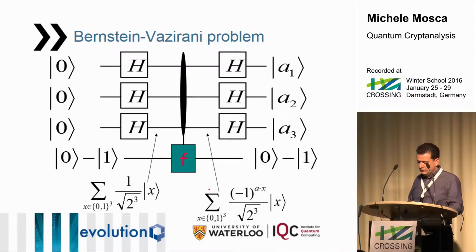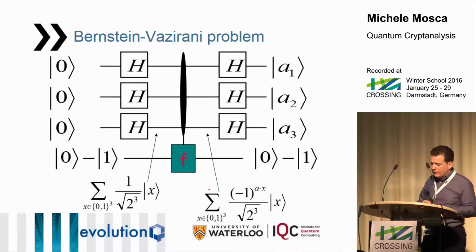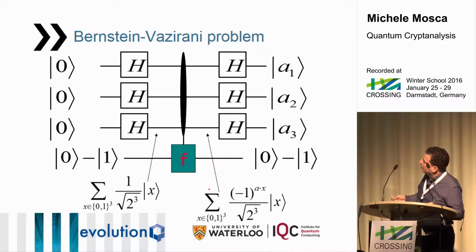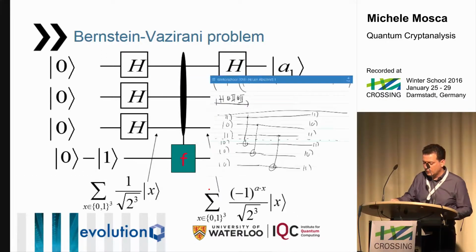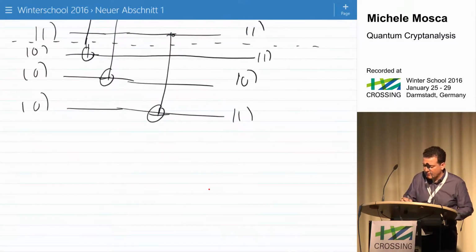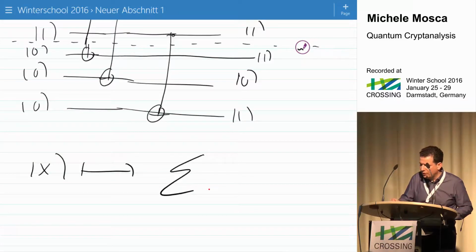The following algorithm does what? Right, the first set of Hadamard gates maps the all-zero string, we know what it gets mapped to. We know the Hadamard gate maps the bit string x to the sum over all the bit strings y with the phase x dot y.